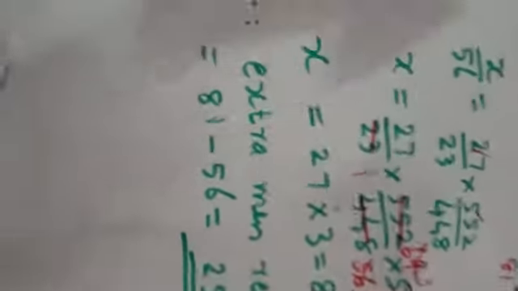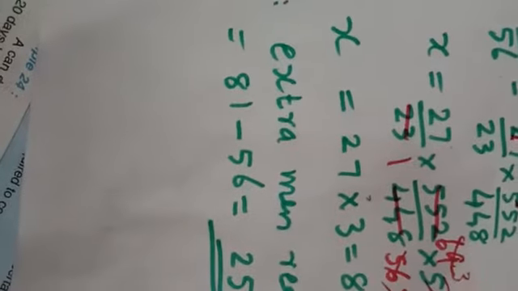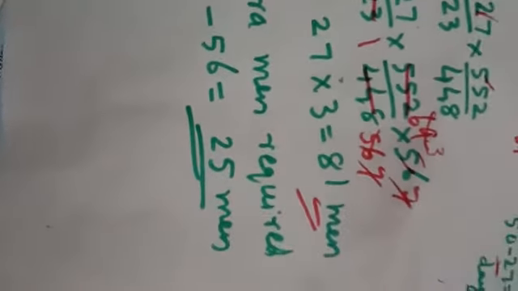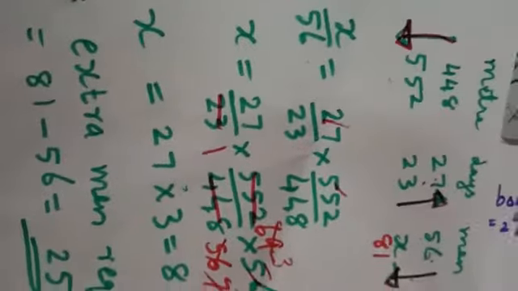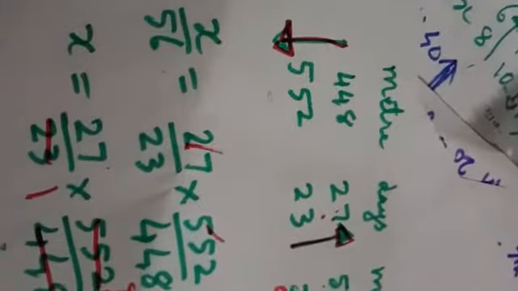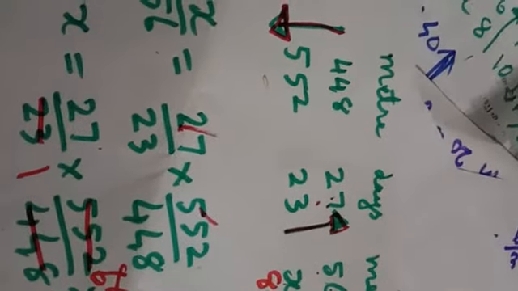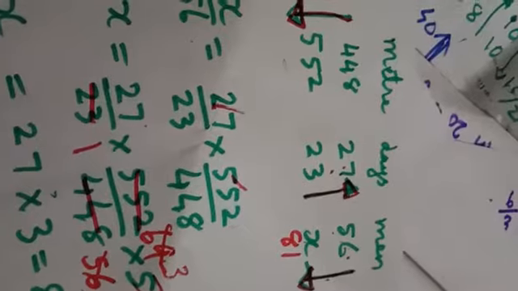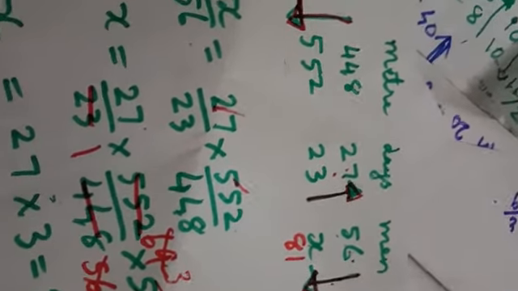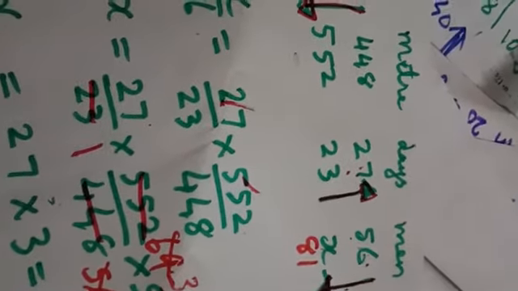Extra men required to complete the work is 25. Clear? If you understand the method of putting the arrow, the rest of the steps are very easy. So please be careful while putting the arrow. The direction of the arrow is very important. Okay. Now the last question.